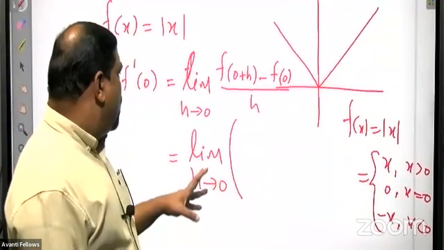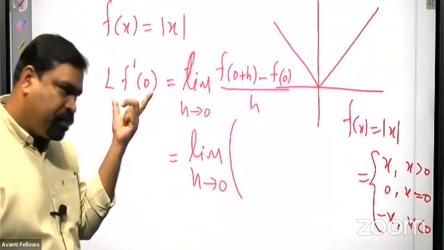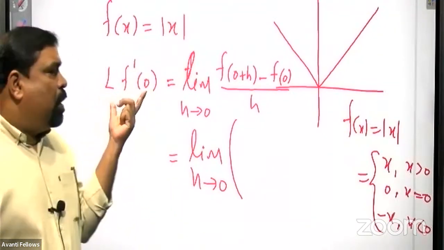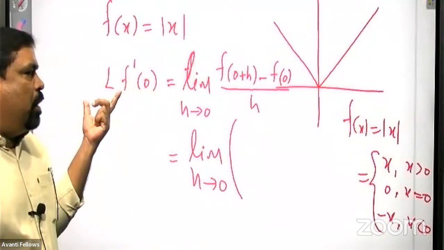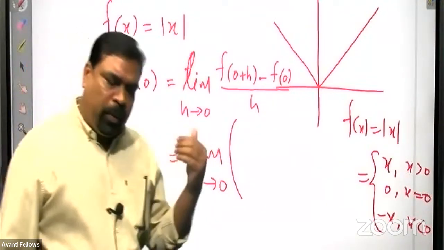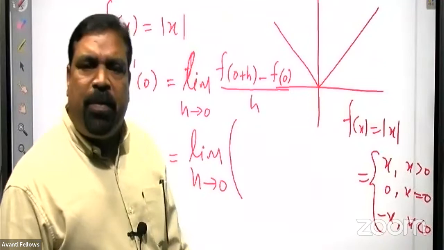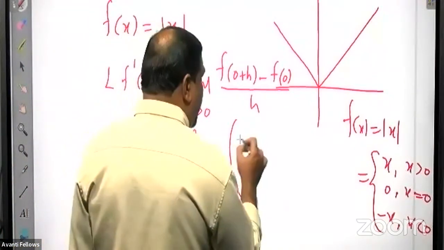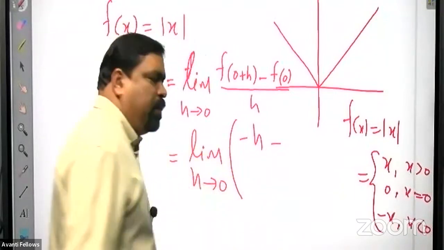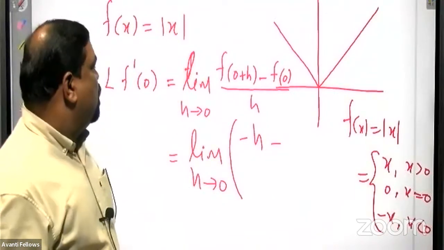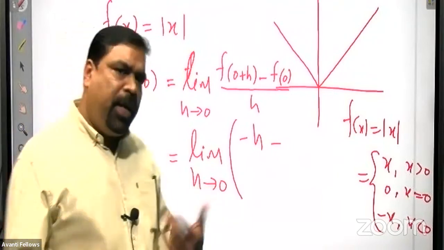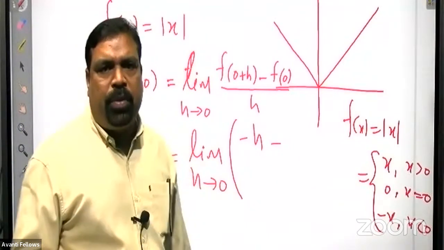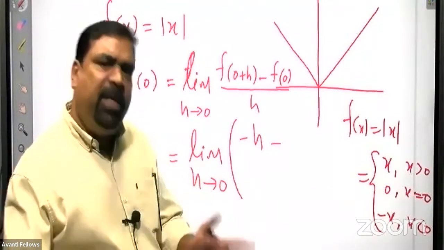But here we are taking the left-hand derivative, means from the left side of 0. So f of h, mod h must be minus h. So there we have to be careful. Left-hand derivative means left side of that point, which is 0. So left side of 0 means f of h is minus h.